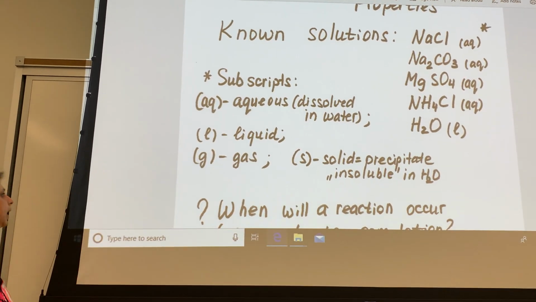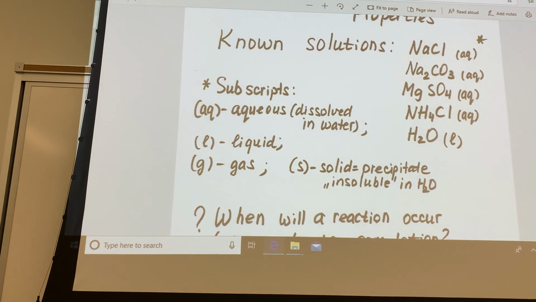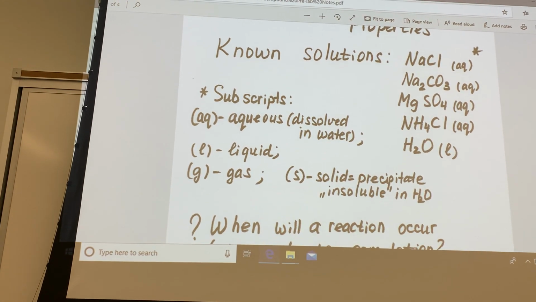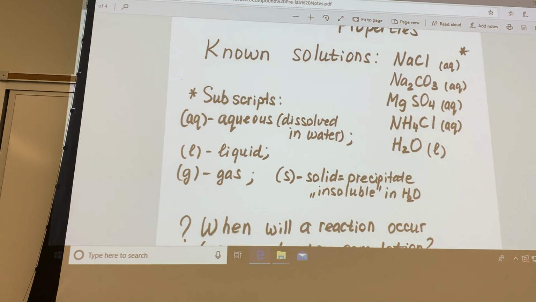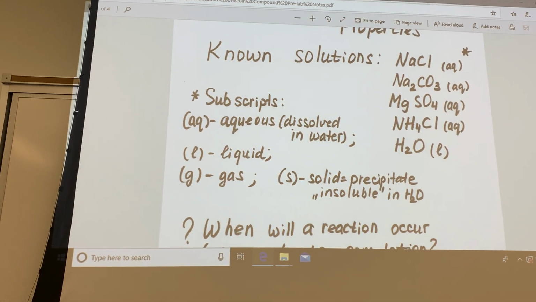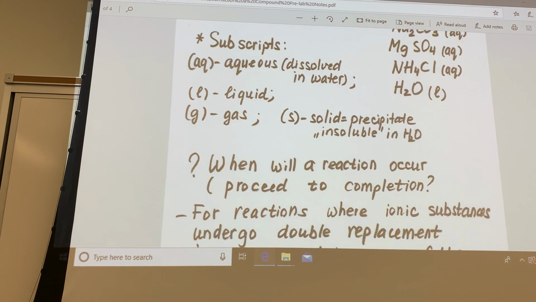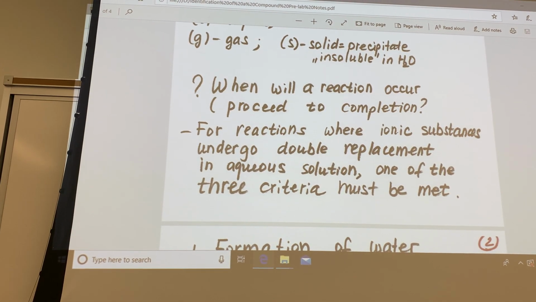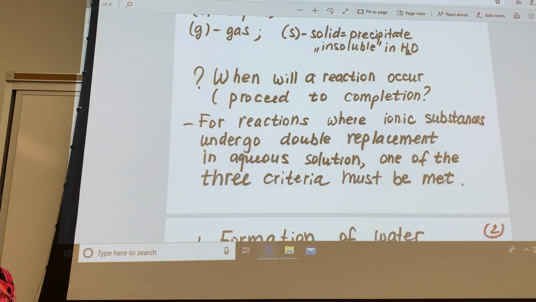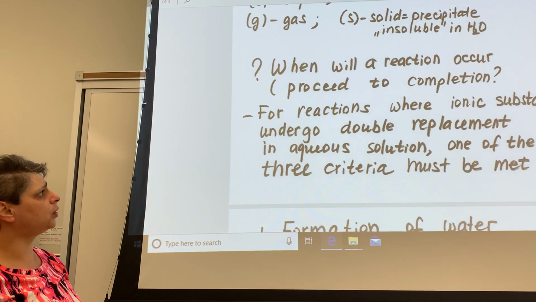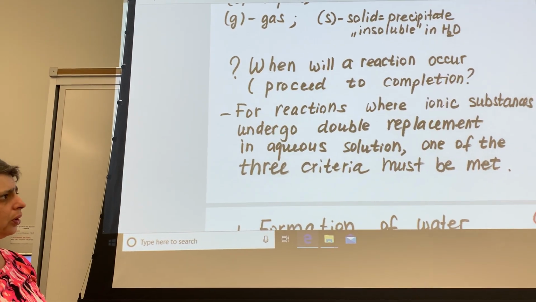Keep that in mind. So the question that I sort of alluded to earlier is, how do we know when a reaction between two ionic substances in aqueous solution, in other words, when we combine two aqueous solutions, will occur?